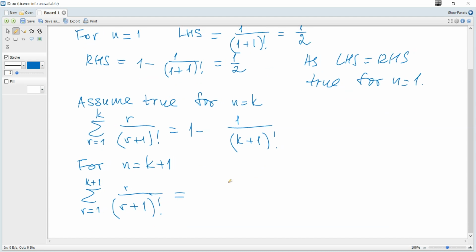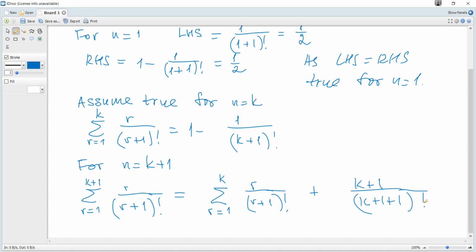So the first step, it's actually also as usual, we can split it into two terms. The first term is the sum up to k, so it's sum for r from 1 up to k, r over r plus 1 factorial, and plus the last term corresponding to r is k plus 1, so it just becomes k plus 1 over k plus 2 factorial.